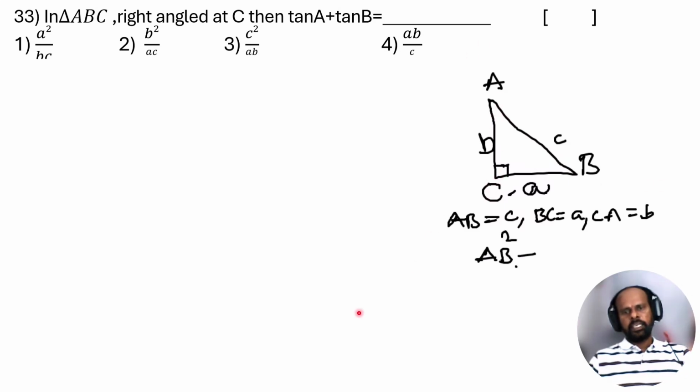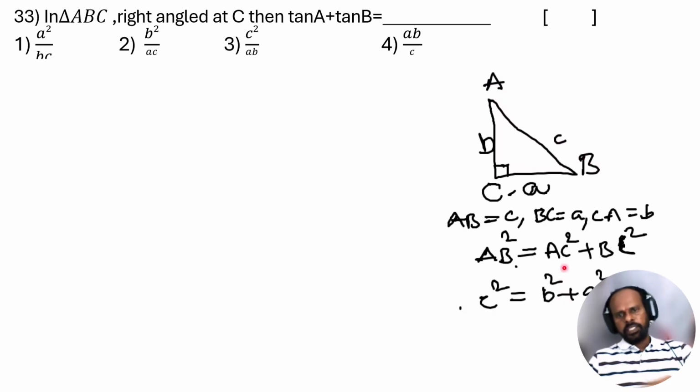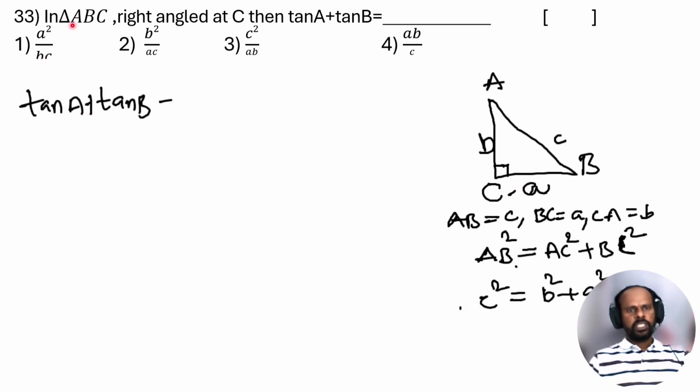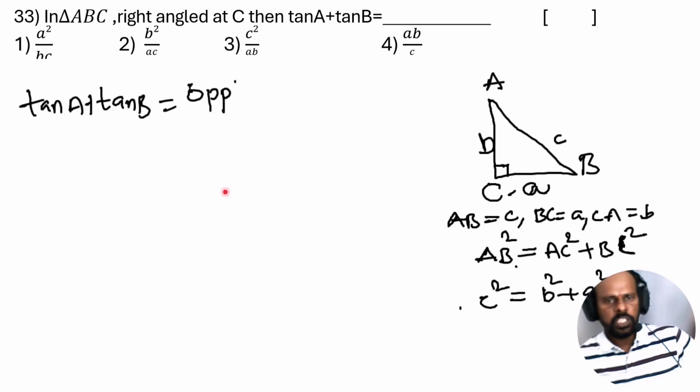So in a right angle triangle, let us apply Pythagoras theorem, that is AB² = AC² + BC². So this can be written as AB = c, AC = b, and BC = a. Now in the question, tan A plus tan B, the tan ratio is opposite by adjacent.